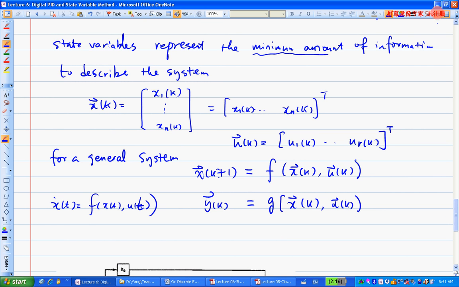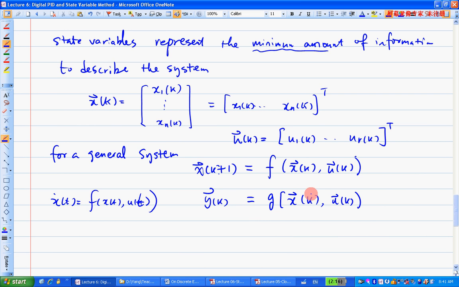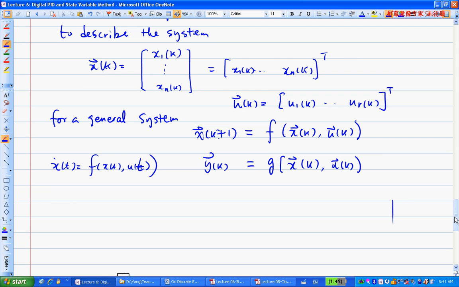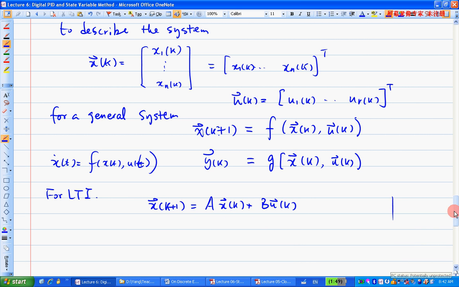Okay. So this is just the general formula for a general system, dealing with either linear or non-linear. However, if we're dealing with an LTI system, which is what we're going to deal with, we have a simpler expression. For an LTI, linear time invariant system, you have x of k plus 1 equal to A x of k plus B u of k.